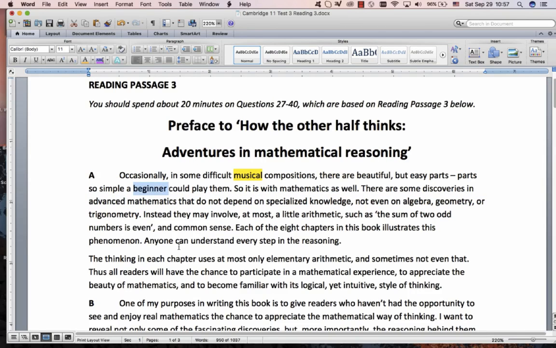And immediately you should just find that. Someone who is a beginner. They're so easy, they're so simple, they're so suitable for a beginner. So yeah, I don't even want to say much more about that, because we were looking for a single countable noun. The grammar really helped us there. So you can find that very quickly.